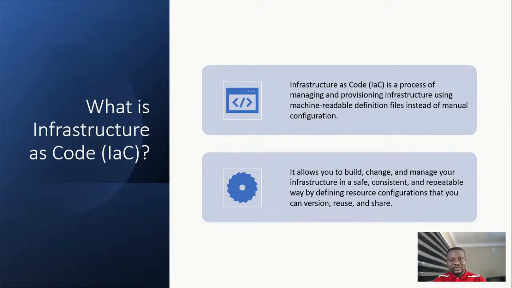It is also one of the tools that enable you to manage your code automatically, thereby reducing some of the errors. Infrastructure as code is commonly referred to as immutable, meaning it cannot be changed easily.